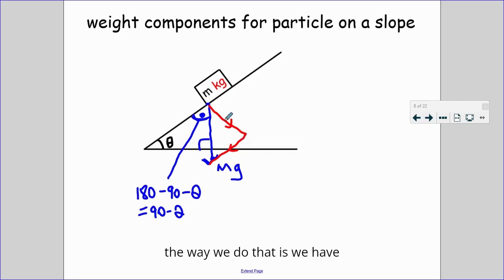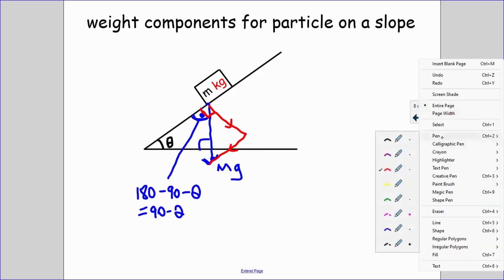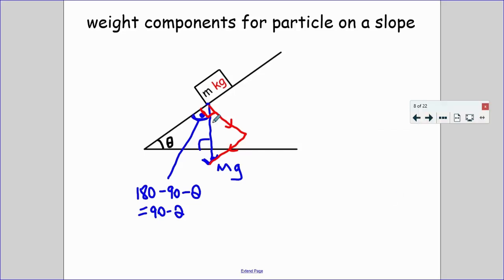Okay, now, the way we do that is we have this angle here, which is 90 minus theta. Now, if you look carefully, this will be a right angle. Okay, that's a right angle. Now, if I want to calculate the angle which is over here, I will do the right angle I just made, minus the blue angle over here, right?